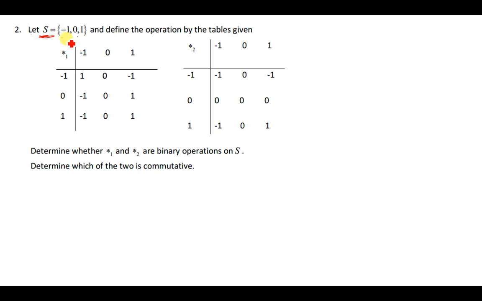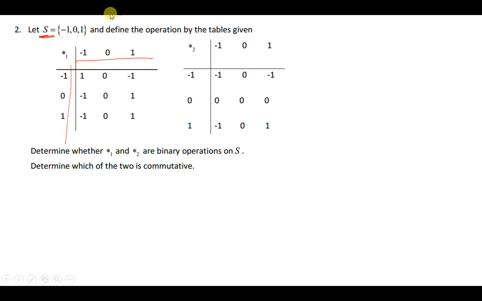And define the operation by the tables given. So these are the tables that have been given. The first question is: determine whether star 1 and star 2 are binary operations on S. So how do you determine whether star 1 is a binary operation on S? Try to check the results. These are the entries, or rather the elements that you have in the set.